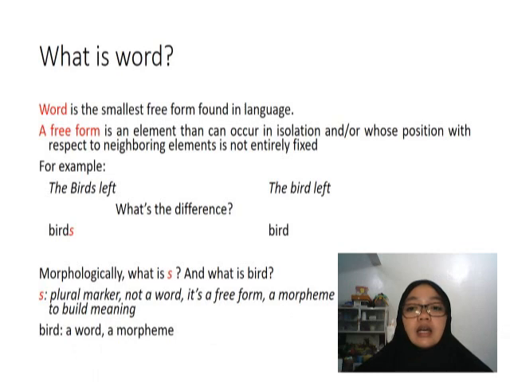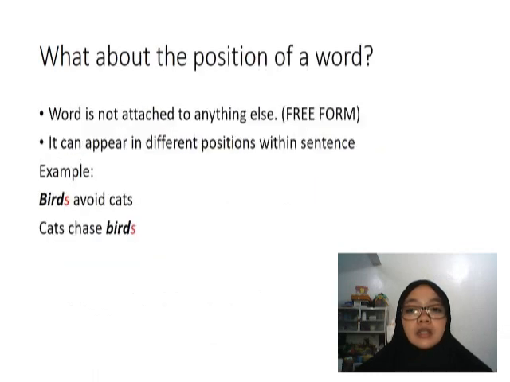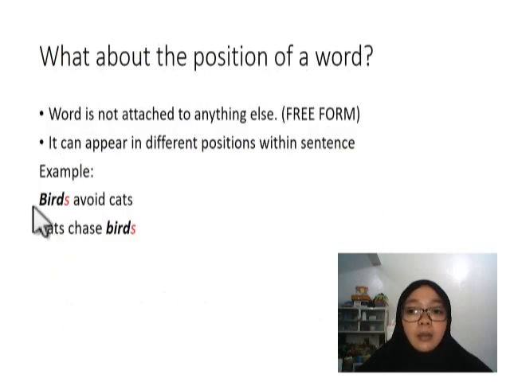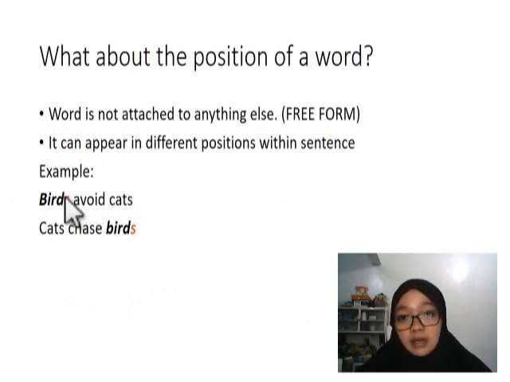Okay, next, what about the position? When we saw this one, the birds, the position is in the middle of the sentence, right? And what about this one? Birds avoid cats. For the first one, bird appears at the beginning, right?